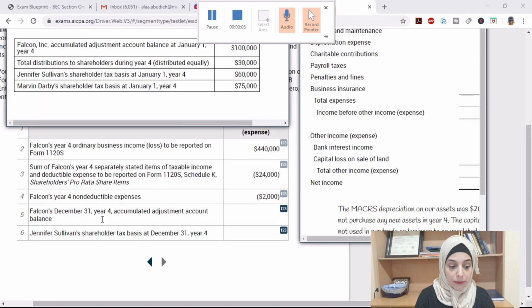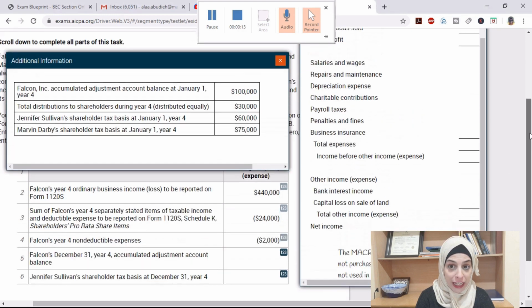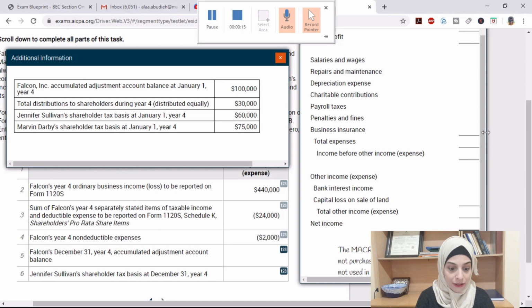So the next item, number 5, that they are asking us to do is Falcon's December 31 year 4 accumulated adjustment account balance. So here they want the accumulated adjustment account balance.